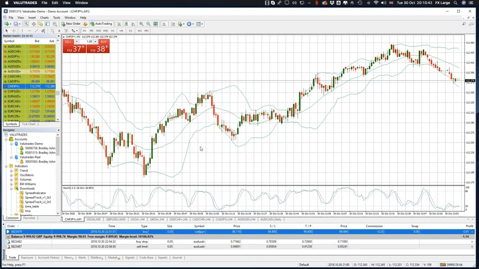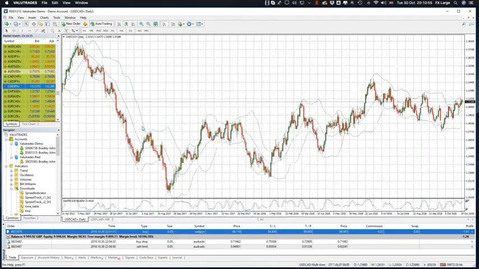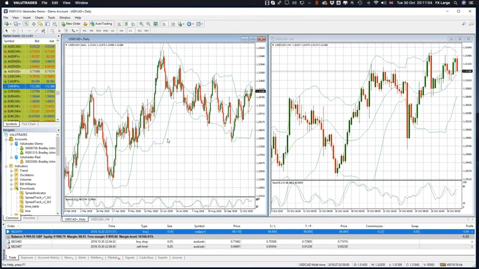A profile is basically a group of charts. So if I then want to go back to my CAD multi-time frame, we can see down below that it's given us the CAD multi-time frame. And I click on my tile, so I've got two CAD charts.